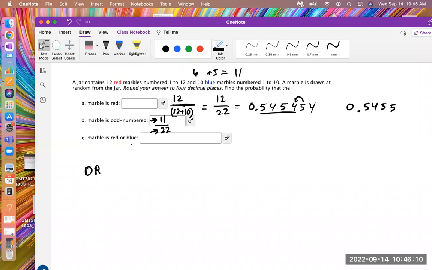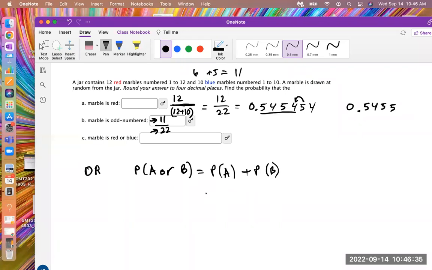So that means these are mutually exclusive. And if they're mutually exclusive, we can use a simpler OR formula: the probability of event A or event B happening is just the probability of the first event plus the probability of the second event.